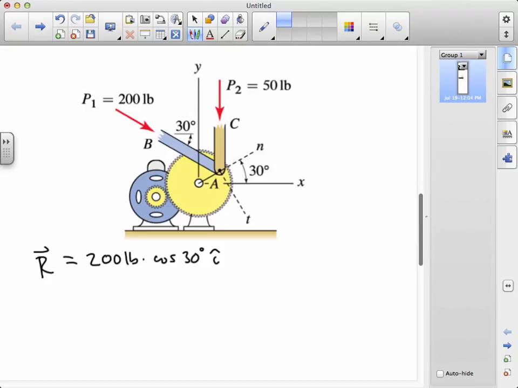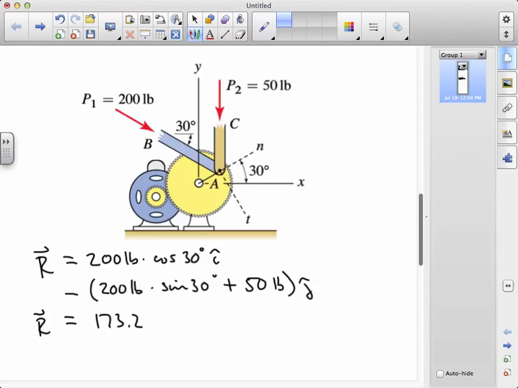Then both contributions from P1 and P2 are negative in j, so I'm just going to bring the minus out in front and say we have a 200 pound sine of 30 degree component from P1, plus 50 pounds from P2, again both in the minus j direction. If we evaluate that, we end up with a resultant of 173.2 pounds in i minus 150 pounds in j.